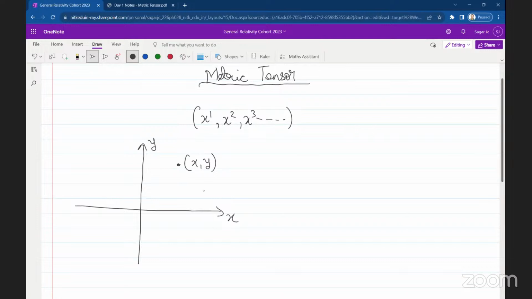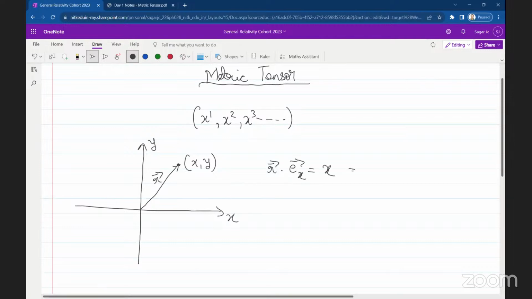In flat space, if this is the position vector of this point, you can take the dot product of this r vector with the x direction, which I'll represent by e_x vector. That gives you the x component. This type of getting the component is called the covariant component. I discussed this in the last discussion also.